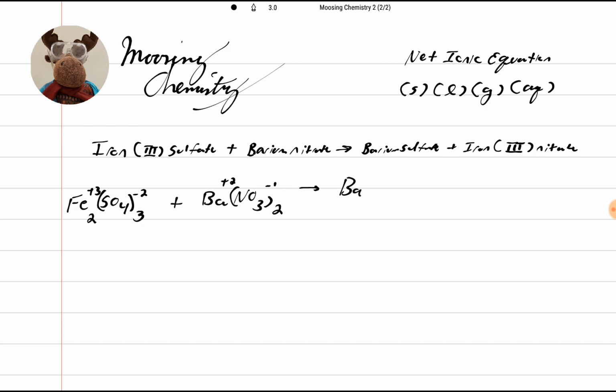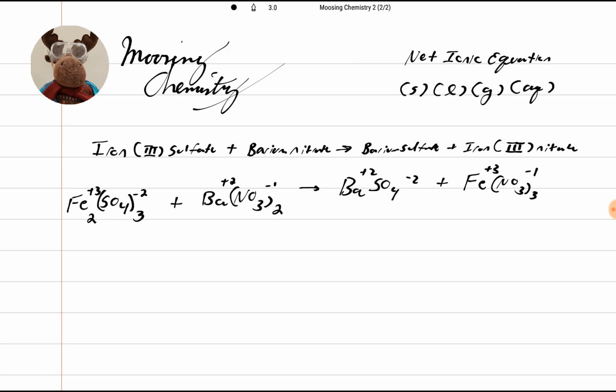That's BaSO4. Sulfate's a -2 charge, barium's +2 charge. So that looks good. Plus iron 3 nitrate. And again, you're going to have to do the old crisscross method. So you're going to put a bracket here, and this 3 right here is going to come down to here.